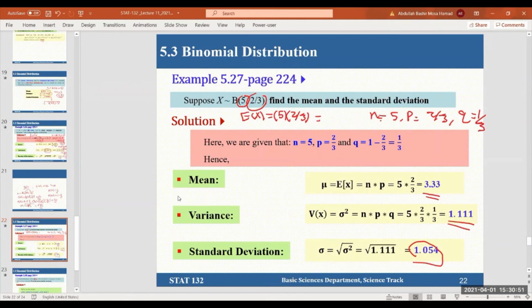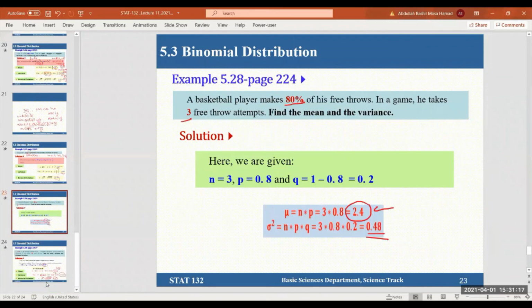Expected value, we just multiply 5 by 2 over 3. For variance, we multiply n by p by q, and we get 1.11. For standard deviation, we find the square root of this value, which is 1.054. This is the standard deviation. It's direct, I think it's easy, right?